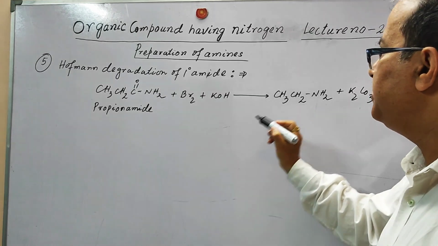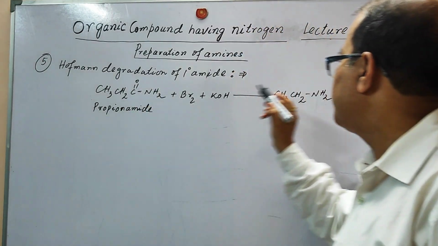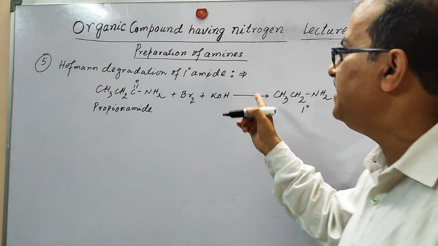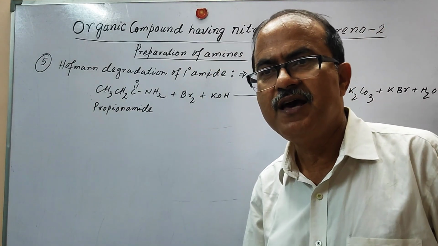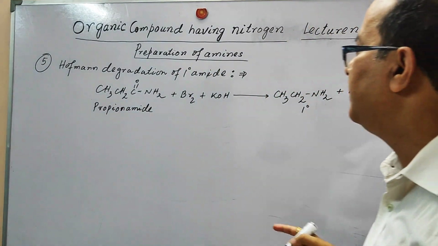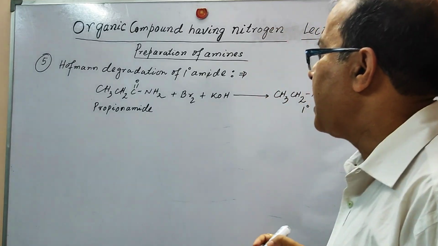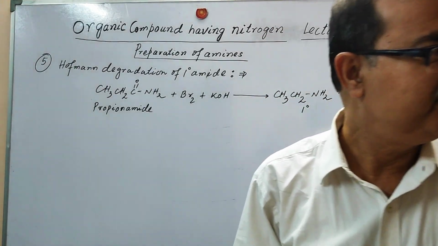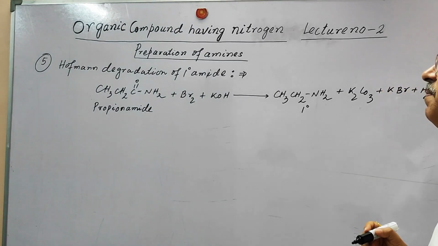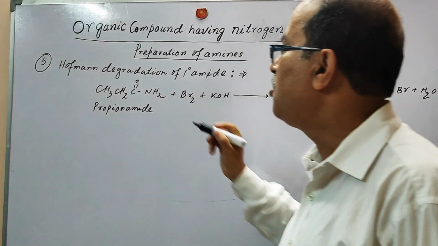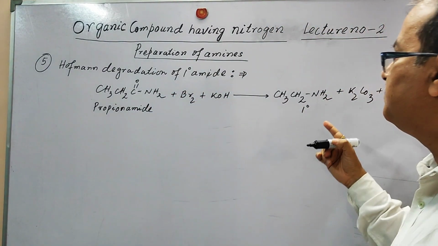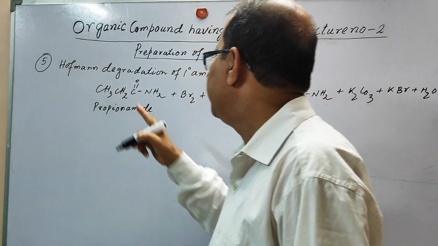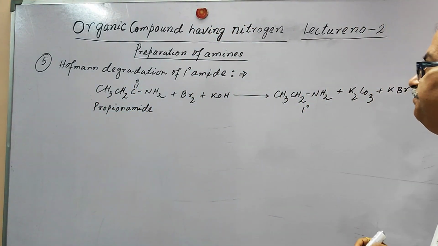So here you can see this amide produces this 1 degree amine, but here the carbon atom is 1 carbon atom less than this amide, and this is called the Hofmann degradation reaction, because the carbon atom has been reduced. Here 3 carbon atoms are there, now it is 2 carbon atoms.